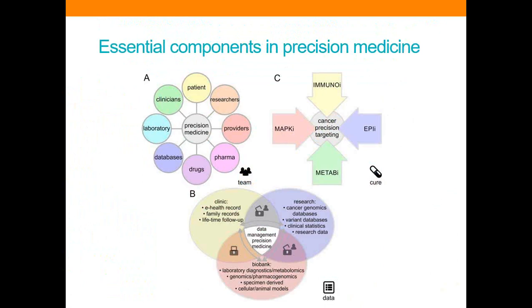And then let's go down to the bottom, B, where we take our clinic team and the information we have, and put it together with the laboratory diagnostics, the genomic and transcriptomic information, and all the information we have from the preclinical models. Then we put it together with our research end, which is the cancer genomic databases, which we're very much involved in, the variant databases from our previous patients that we can look at, and the experience we have from our previous patients.